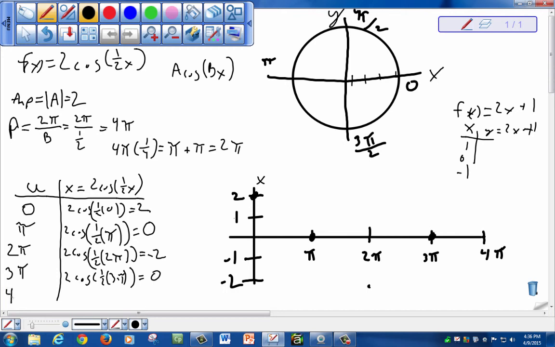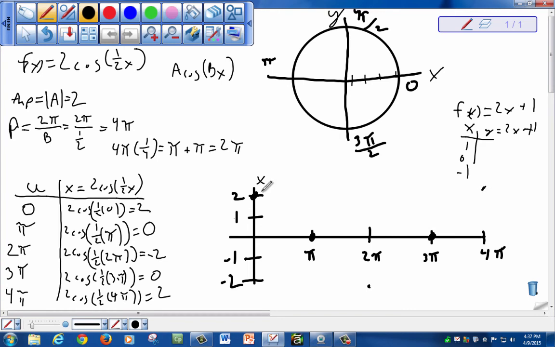And for 4 pi, we have 2 cosine 1/2 times 4 pi, which is going to be 2 cosine of 2 pi, and 2 pi equals 360 degrees, which means we're back at the origin of the unit circle. That's going to give us 2. So at 4 pi, it equals 2.